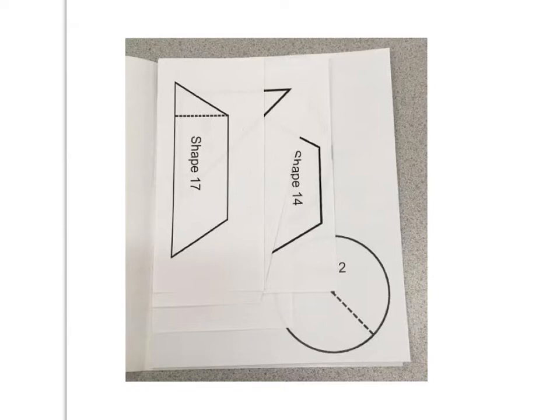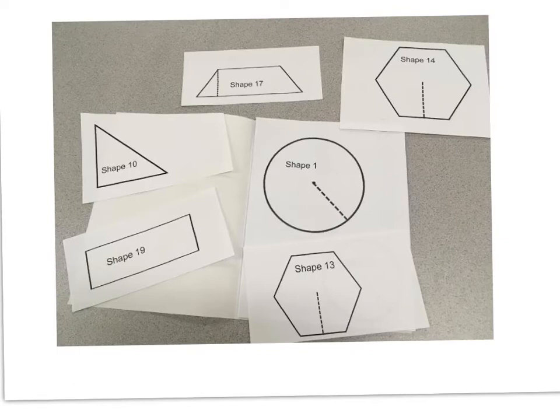So those are your shapes. Every student should have 6 shapes, not including circle shape 2. So you have 1, 2, 3, 4, 5, 6, and one of them should be shape 1, so all of us can compare our answers with shape 1.